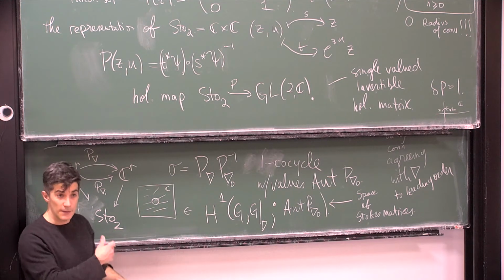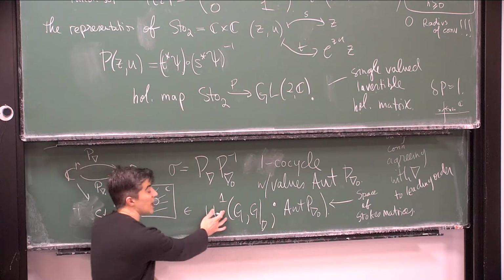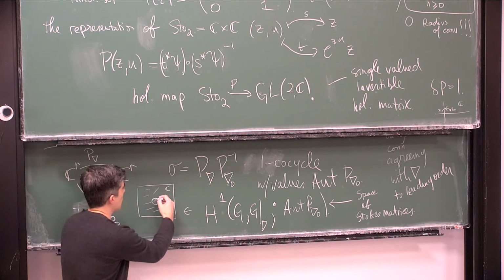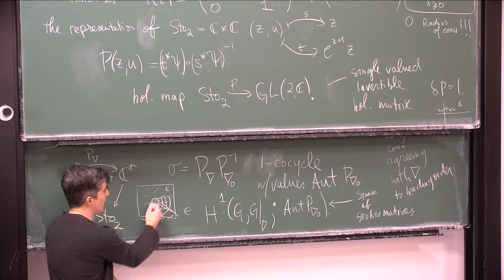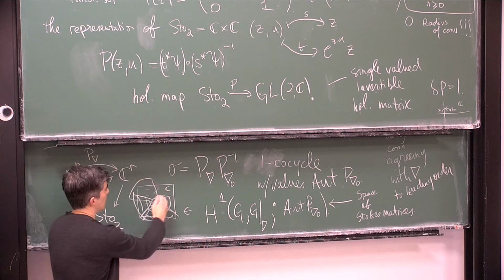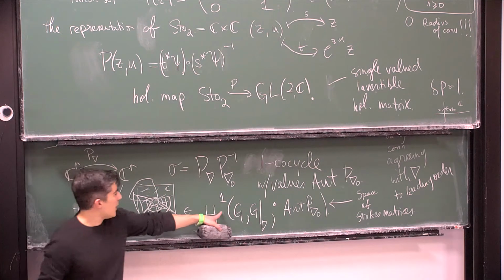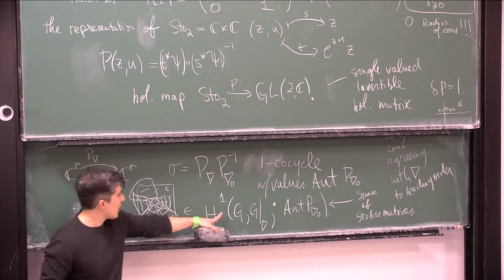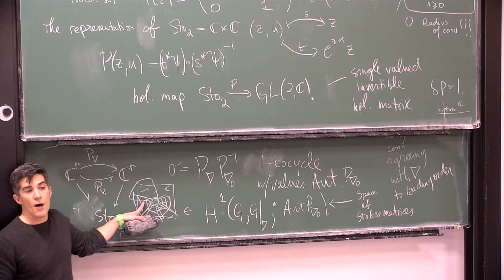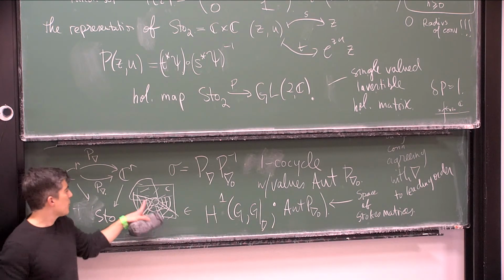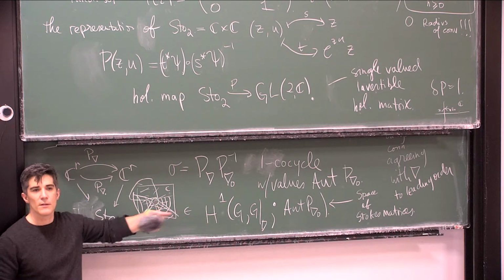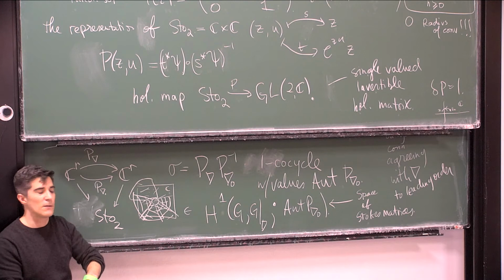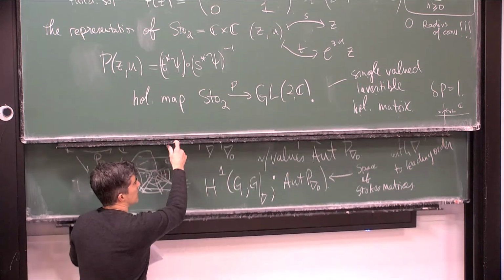And the good thing about this expression is that we can now cover it with open sets. We can do a Čech open cover like this. This is explained in our paper. And then you end up with a Čech 1 cocycle description of this 1 cocycle. And it turns out that this sequence of data is exactly the Stokes matrices, the upper and lower triangular matrices.